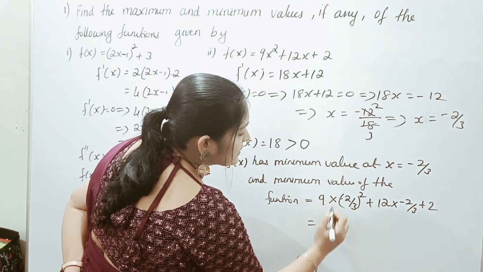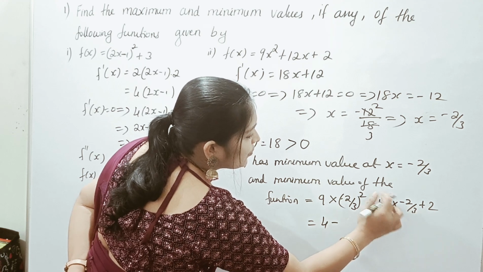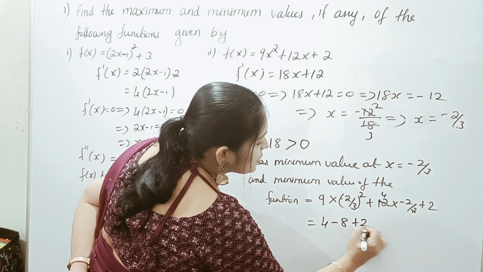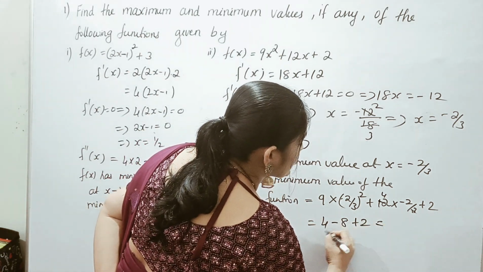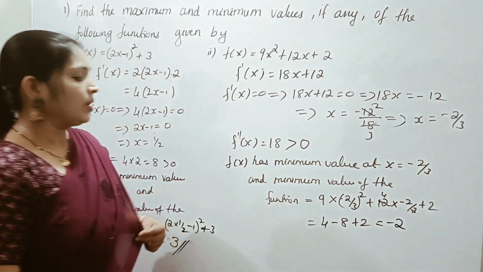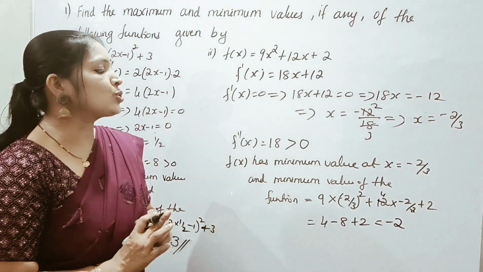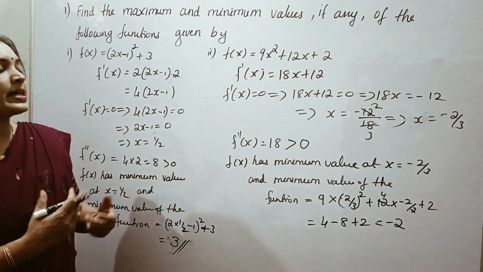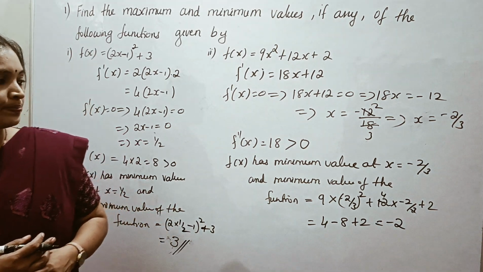So 9 cancelled, so 4 minus, 3 4s are 12, so minus 8 plus 2. 4 minus 8 is minus 4. Minus 4 plus 2 is minus 2. Yes, minus 2 is the minimum value of the function. And what is the critical point? Minus 2 by 3 is a point of minimum.